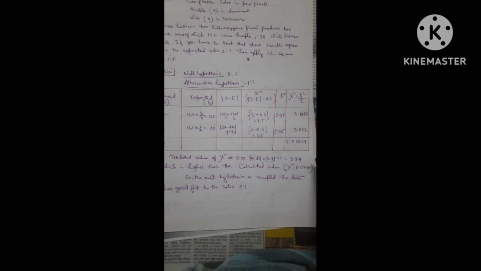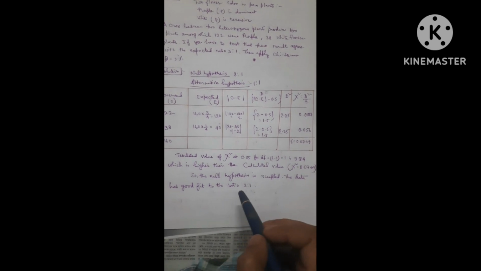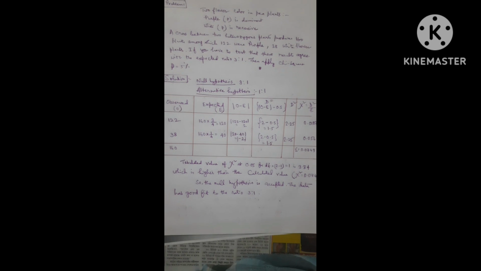Okay, so if your calculated value is lower than the tabulated value, remember your null hypothesis will be accepted and alternative hypothesis rejected. So in this case, your null hypothesis is accepted. That means the data has good fit to the ratio 3:1.